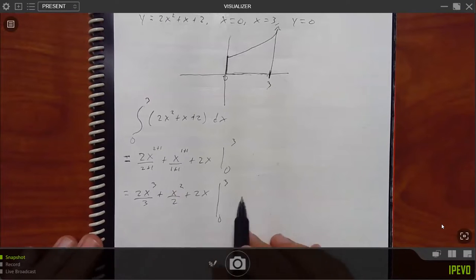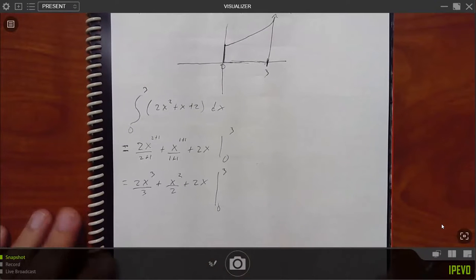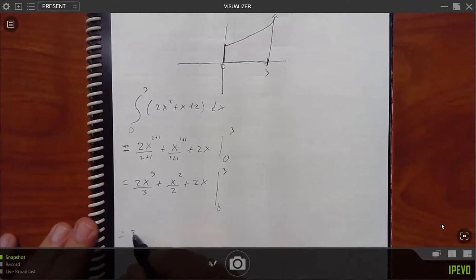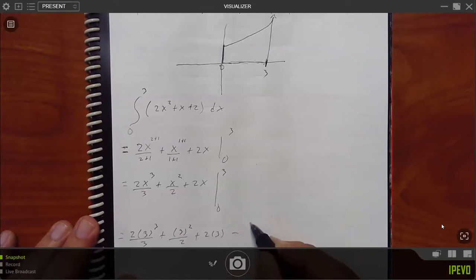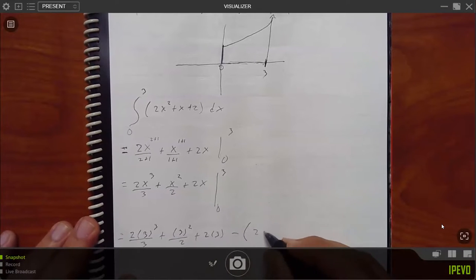So then we just evaluate at the bounds. So that will be this function at 3, this one at 3, minus that function at 0. At 0, oops.